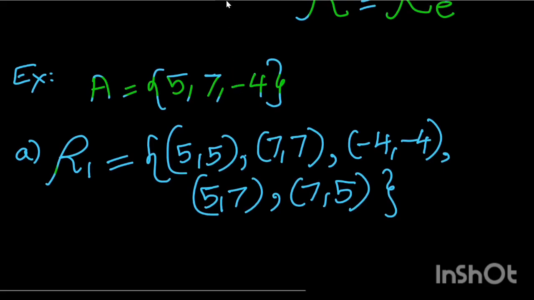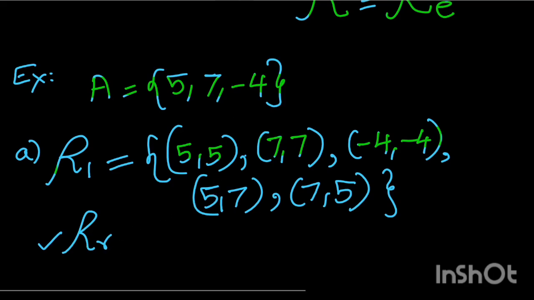As you can see here, 5, 5, 7, 7 and minus 4, minus 4 must be there, and they are there. So the reflexive condition is met, guys.